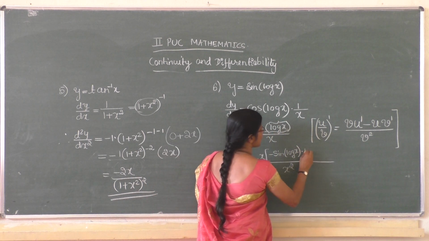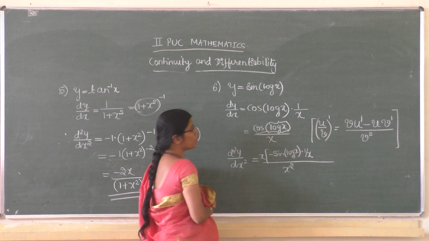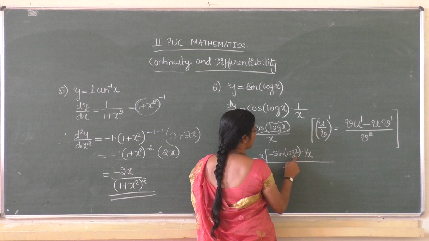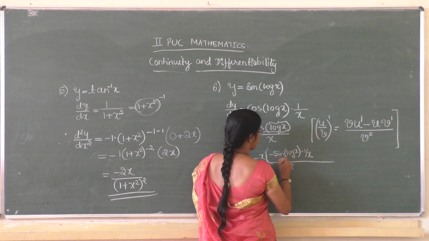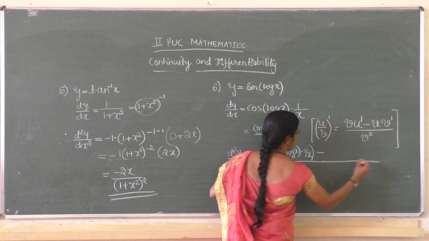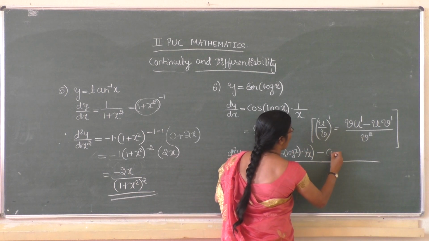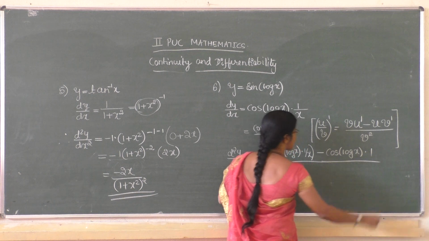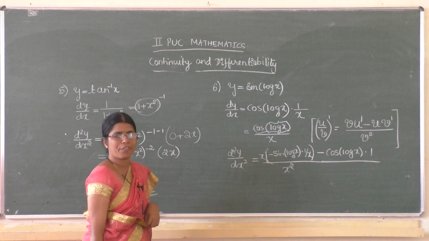Derivative of log x is 1 by x according to chain rule. Okay, x into minus sin log x into 1 by x minus we keep cos log x as it is, and derivative of x is 1. Okay, derivative of x is 1.